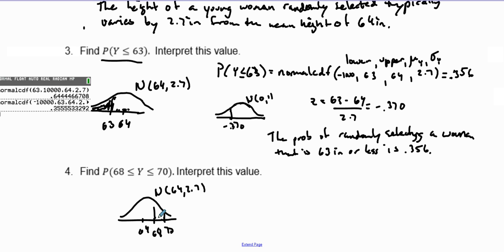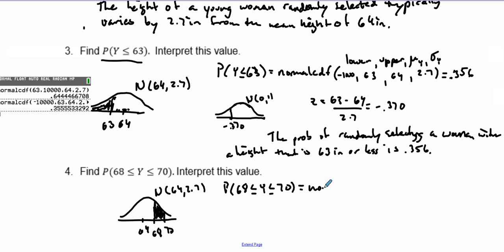And we're trying to find out what is the value between them. That's the shaded region right there. So once again, we can find the probability of randomly selecting a woman with a height that is right there.